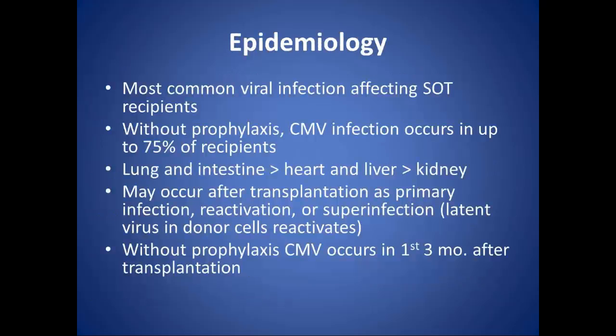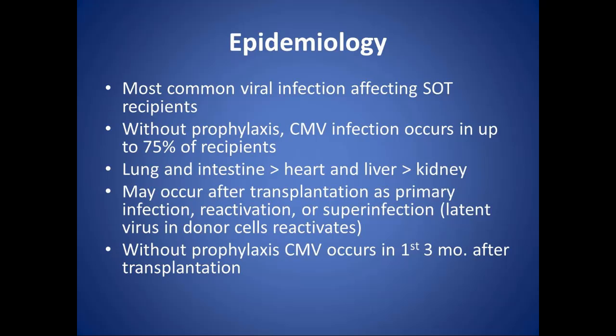CMV is actually the most common viral infection in solid organ transplants. And without prophylaxis, 75% of recipients could get CMV disease. It tends to occur more commonly in lung and intestine transplants, then heart and liver, and then kidney actually is the least affected.